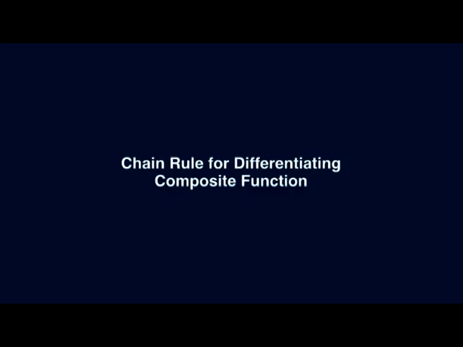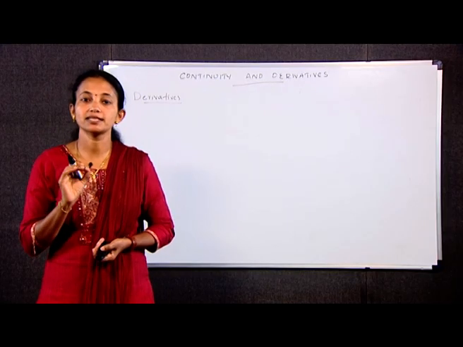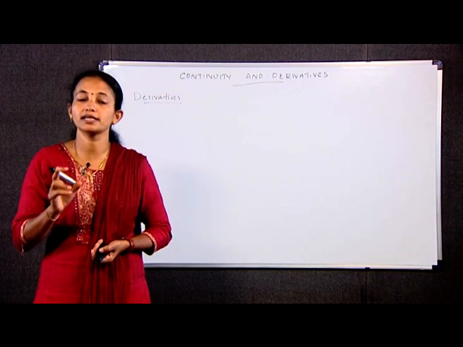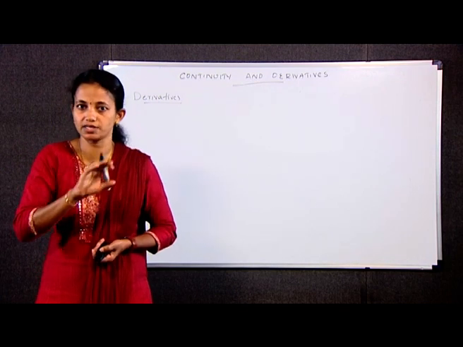Chain rule we will discuss. Suppose that f has a derivative at z naught and that g has a derivative at the point f of z naught.